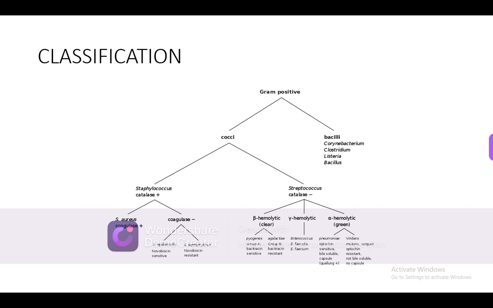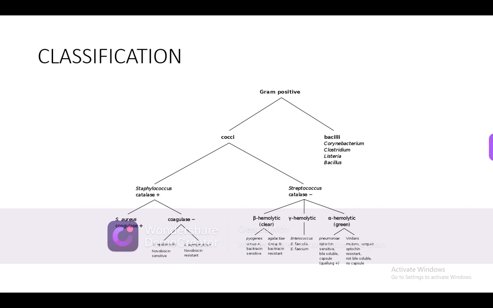In the same fashion, the Streptococcus will be classified. These are catalase negative, not positive. But the coagulase reaction is not what it depends on. It depends upon the hemolysis, whether alpha hemolytic or beta hemolytic or gamma hemolytic.